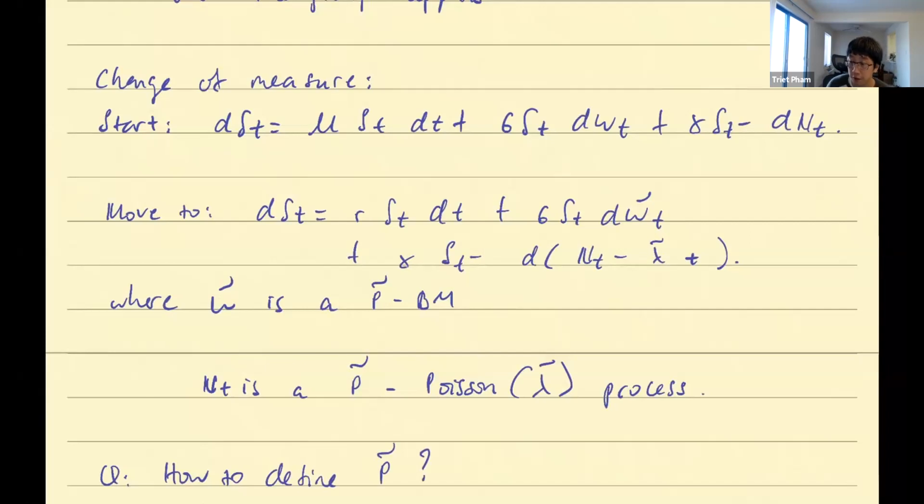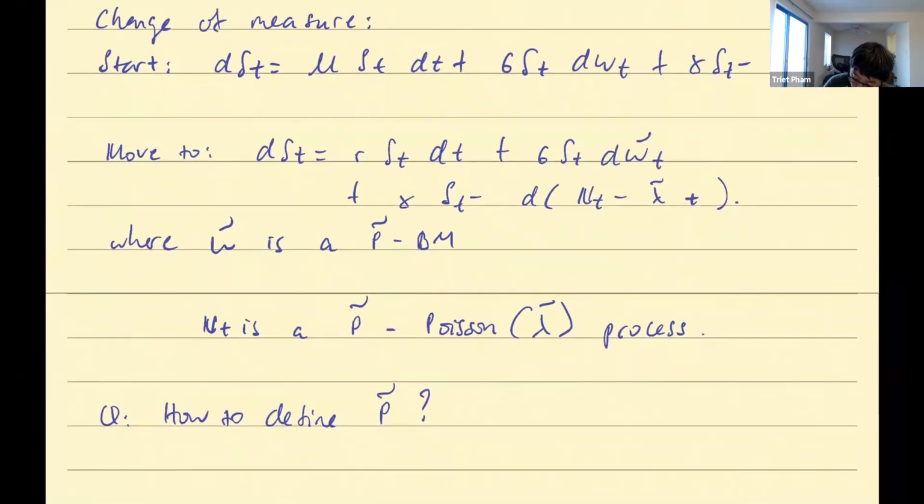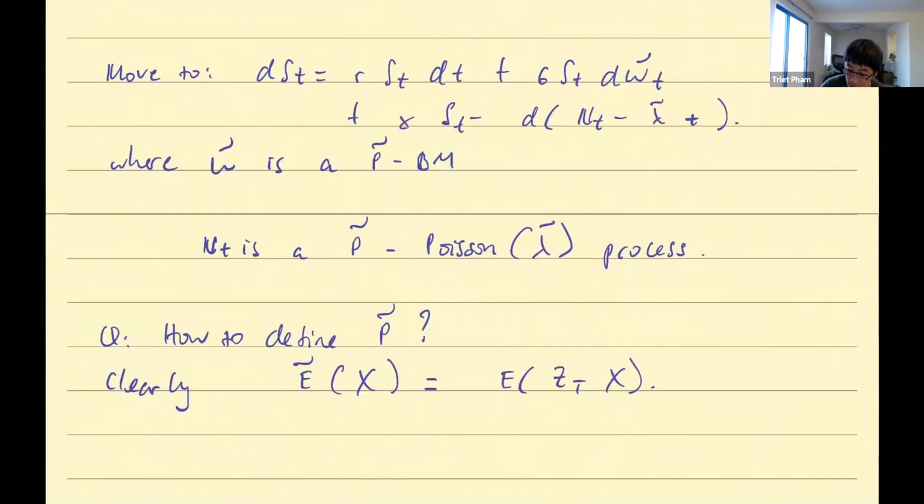From the experience that we had before, the way you define P tilde is via this formulation: the expectation of any random variable under the new probability is the expectation under the old one times some change of measure kernel.